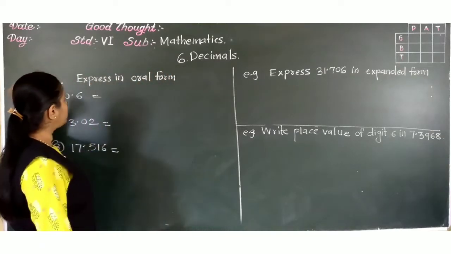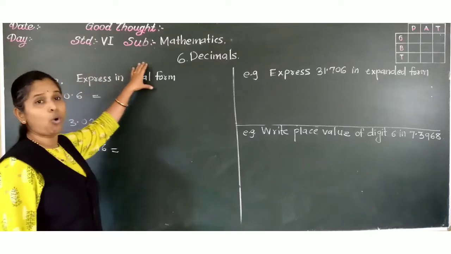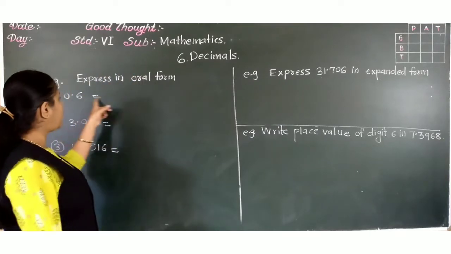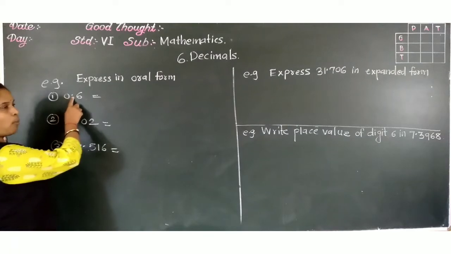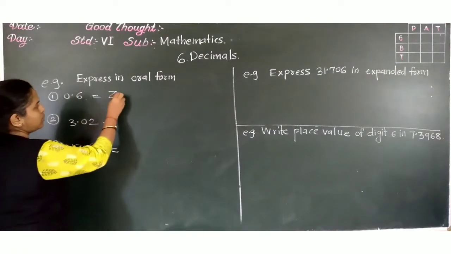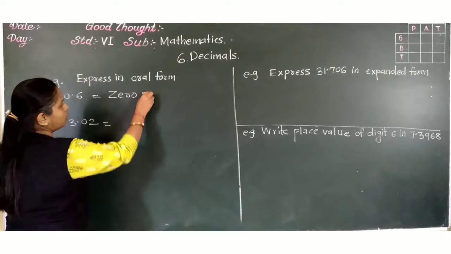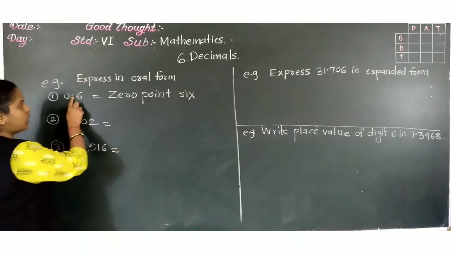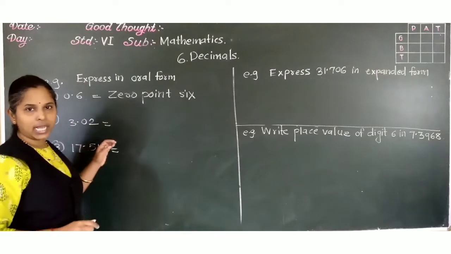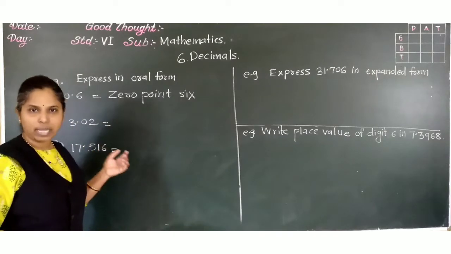Type 1: express in oral form, that means how to write it in words. For example 0.6. After the decimal, whatever digits are there, we have to read separately.